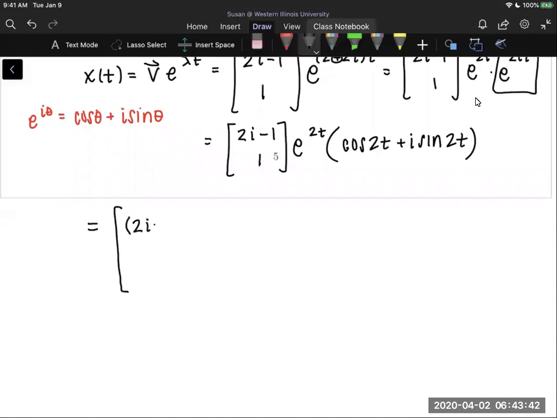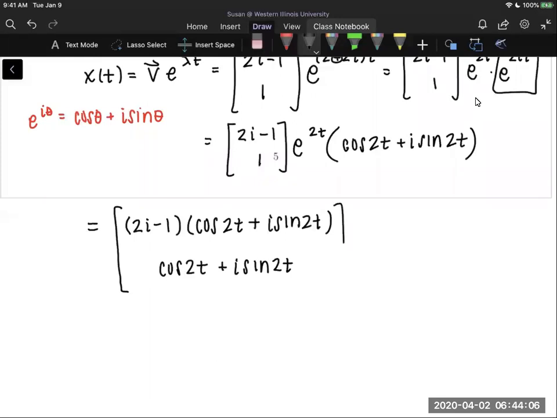We have 2i minus 1 times, and I'm going to leave my e to the 2t outside, cosine 2t plus i sine 2t up top. On bottom, I just have a 1, so I get cosine 2t plus i sine 2t. And rather than chasing that exponential around, I'm going to leave it out back.